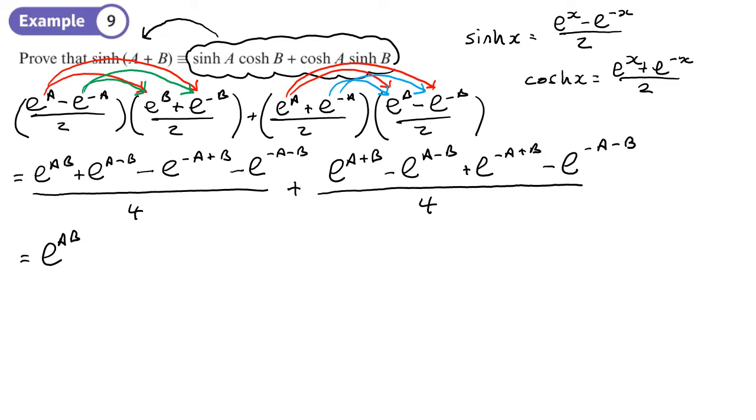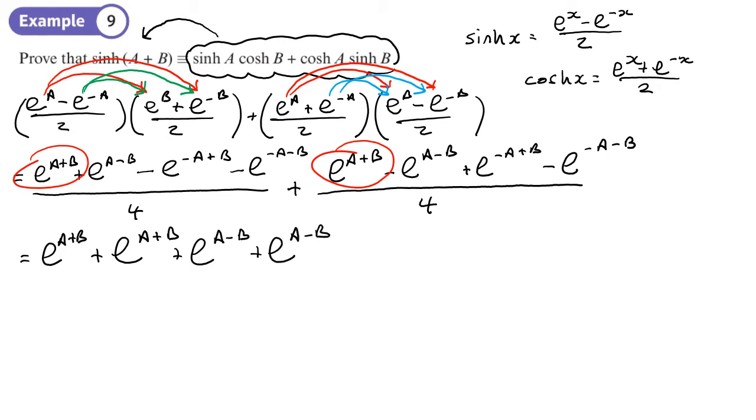Now I'm going to put together the things which are the same, and I've just noticed that should be a plus b there, not a times b. So I'm going to put together that and this, right next to each other. So e^(a+b). Have I got any other things which are the same? I've got e^(a−b), I've got another e^(a−b).